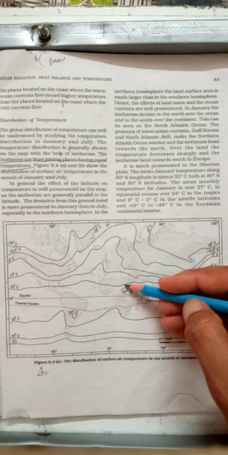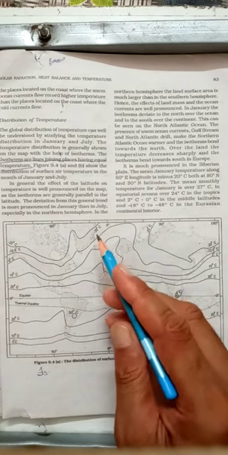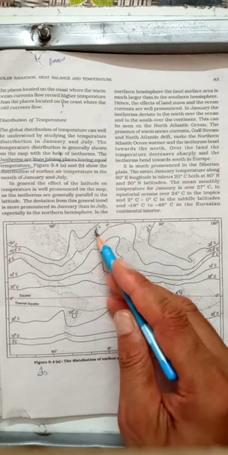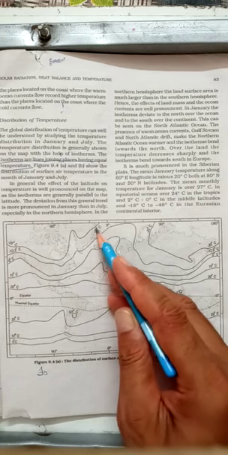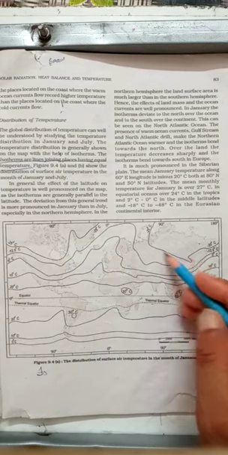On the contrary, temperature decreases toward the north. That is why the average temperature over the polar area, you can see here the isotherms of minus 25 degrees, passes through Greenland, northern Canada and Siberia.